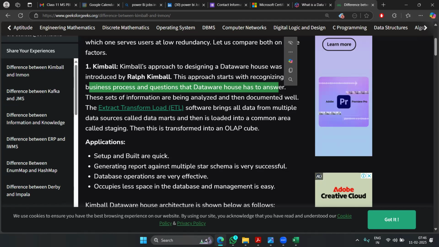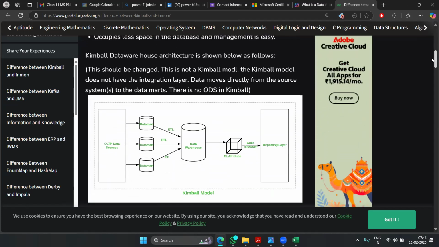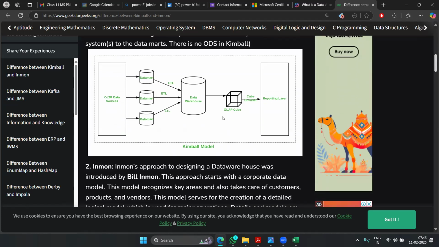And the inventory department. Now, what Kimball has suggested was go to each and every department, understand their business model, and build a warehouse for them. Or we call it a data mart, like this.